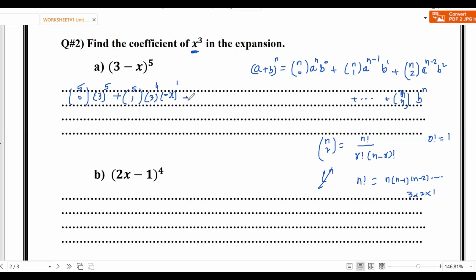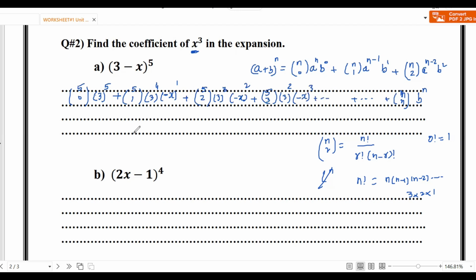So next step, 5 choose 2, 3 power 3, minus x square. It means we need to find one more term. Like 5 choose 3 will work. 3 power here, 5, 4, 3, now 2, and minus x power 3, and so on, but this will work.